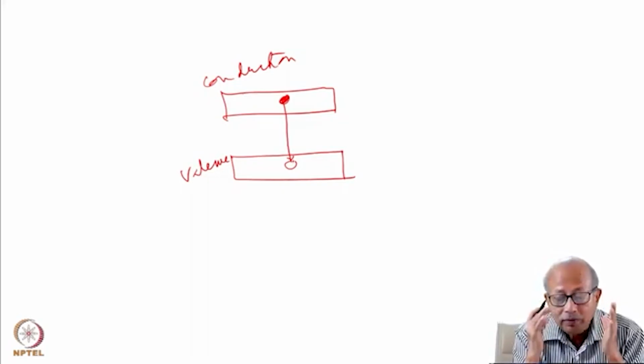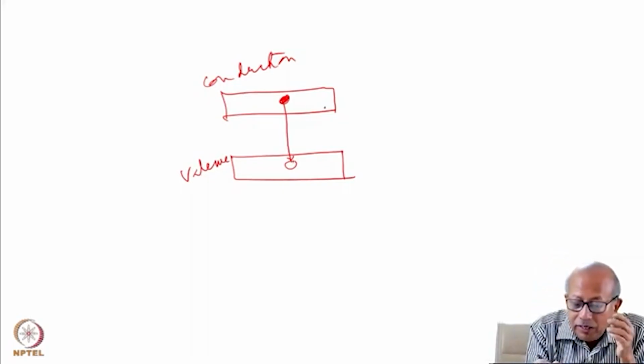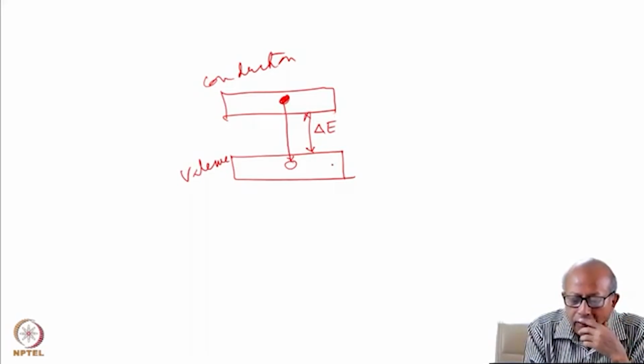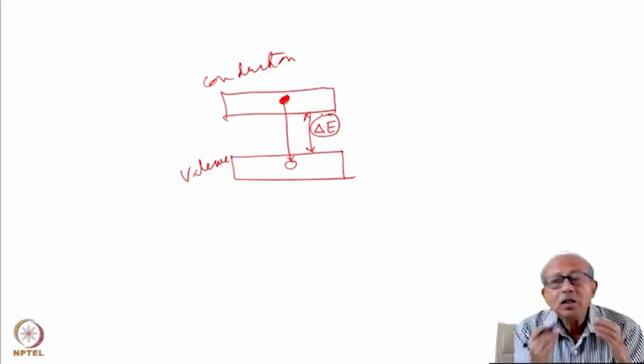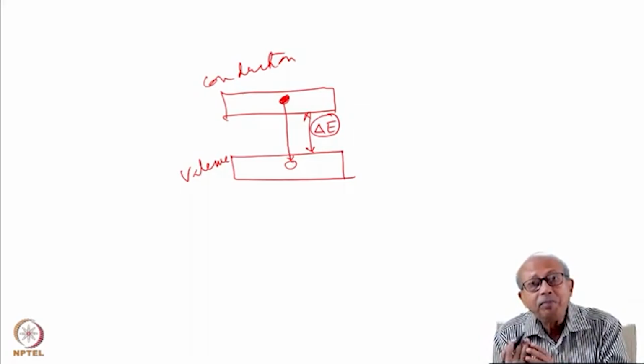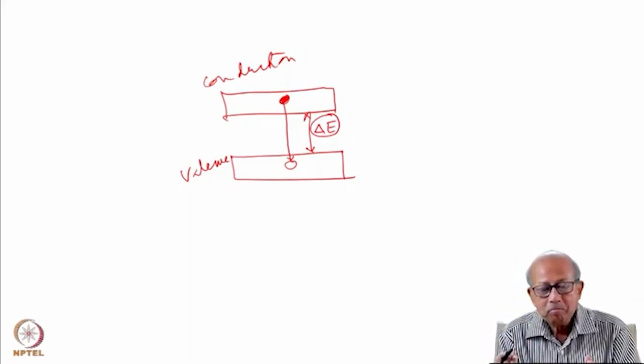So what does it mean? It means that the electron, this is the forbidden energy. Suppose we call it delta E. So electron, when it comes down to the valence band, it loses delta E energy. So this energy can very well appear as a photon.